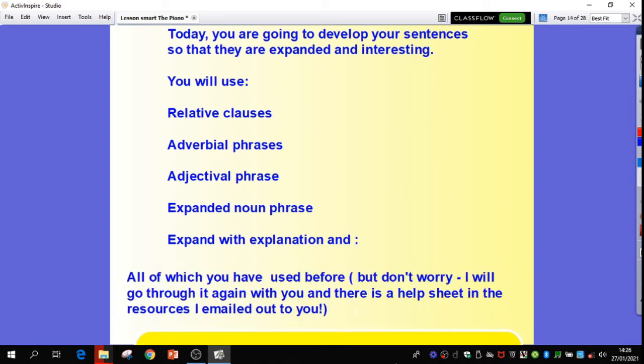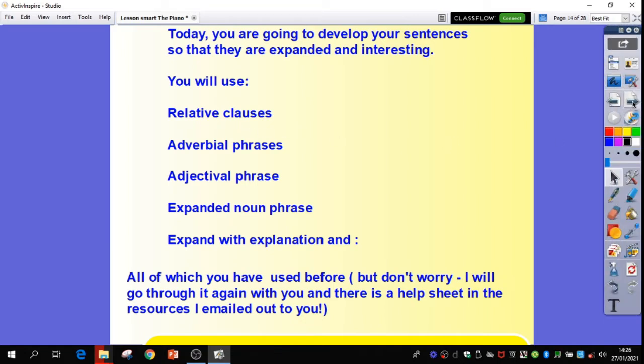Now Year 6, all of these you have used before, but don't worry, I'm going to go through them again, and I'm going to model the task that I want you to do, but I've also included a help sheet for each one of these phrases, the way to expand your sentences, in with the resources that I emailed out to you. So you should have plenty of things to jog your memory on what they are.